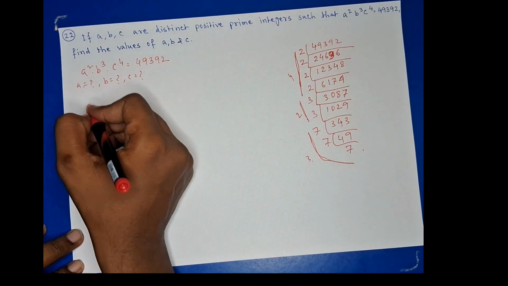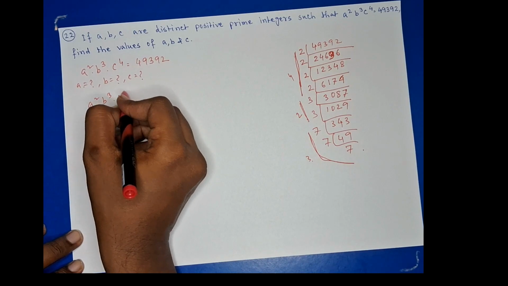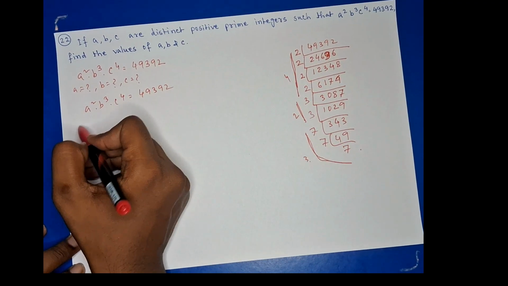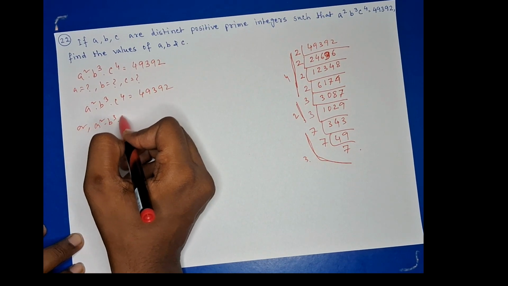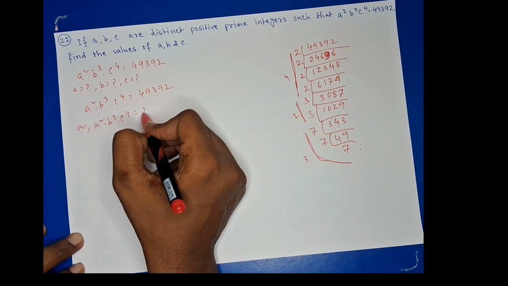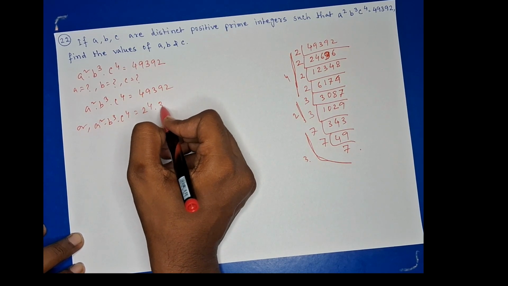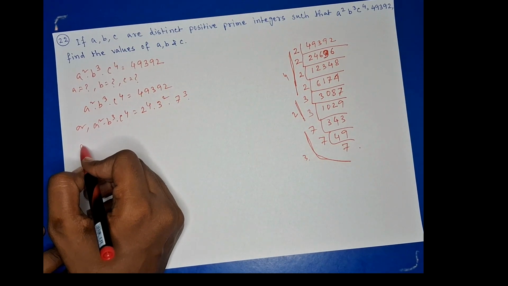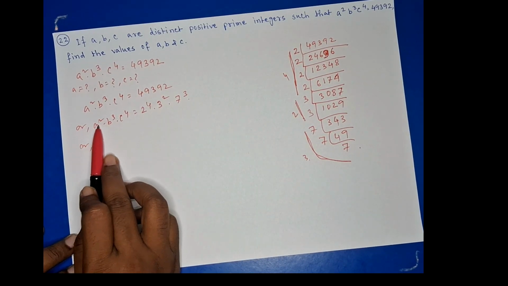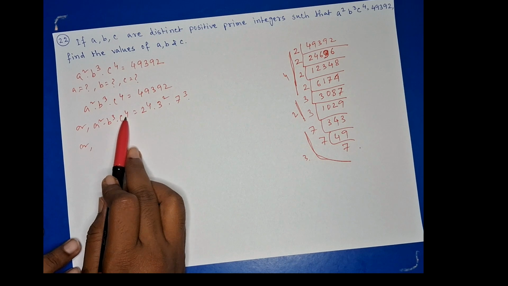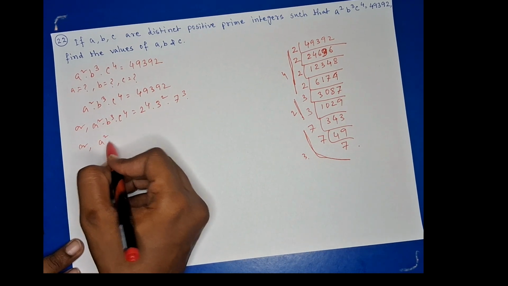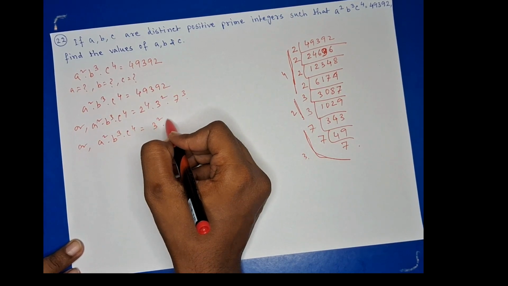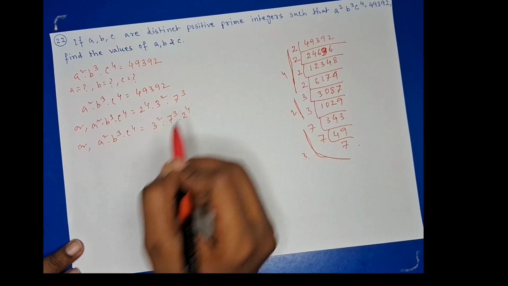So this a square b cube c to the power 4 is equal to 49392. This we can write as a square b cube into c to the power 4 is equal to 2 to the power 4 into 3 to the power 2, that is 3 square into 7 to the power 3. Okay, so if I rearrange it accordingly, a square b cube c to the power 4 is equal to 3 square into 7 cube into 2 to the power 4.